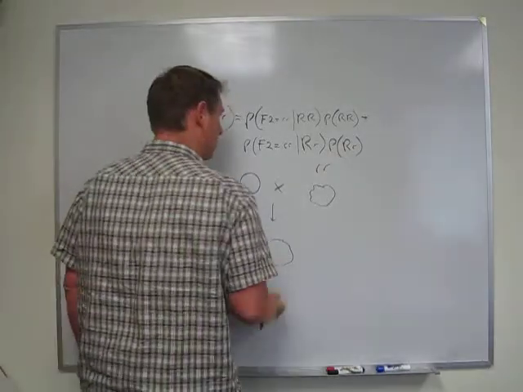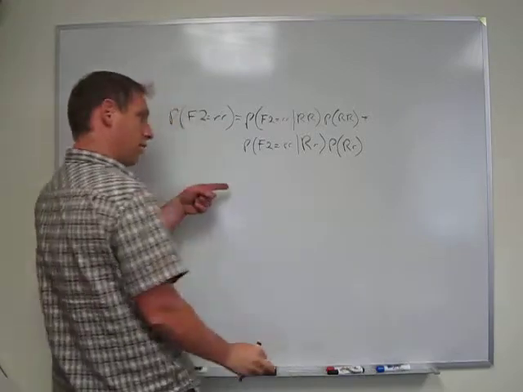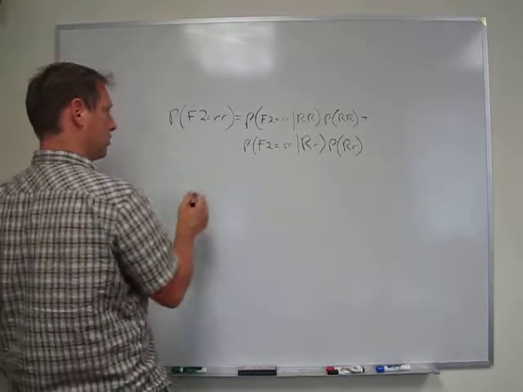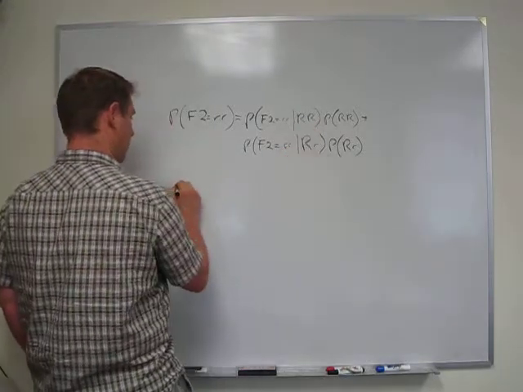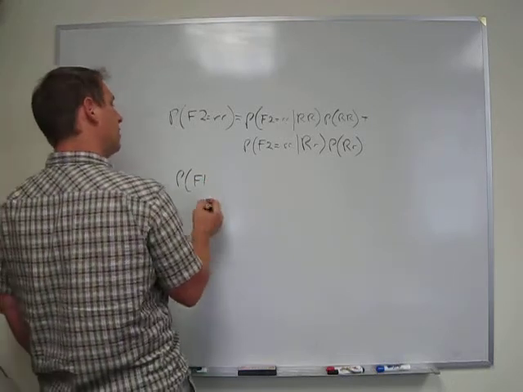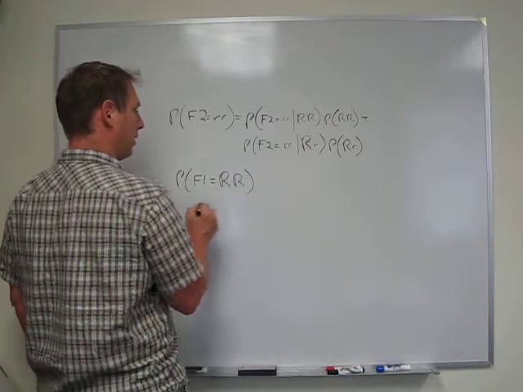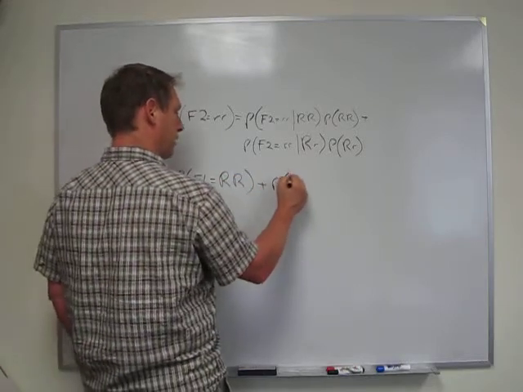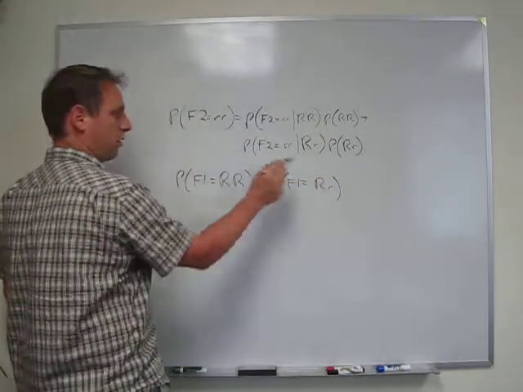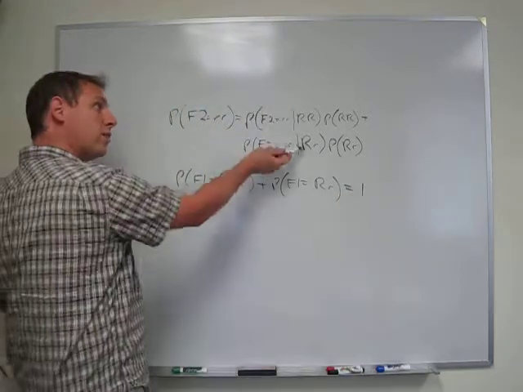Now, of course, because we know that that individual was a round pea, we know that the individual I just showed there was not little r, little r. So the probability that the F1 is equal to big R, big R, plus the probability that the F1 is equal to big R, little r, we know that these add to 1, right, because of the law of total probability.